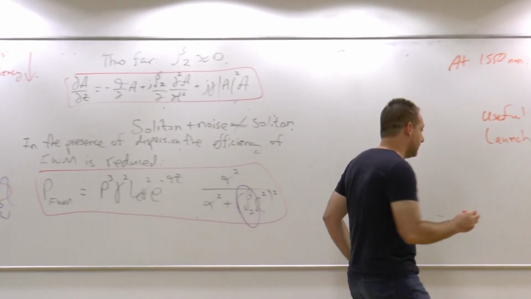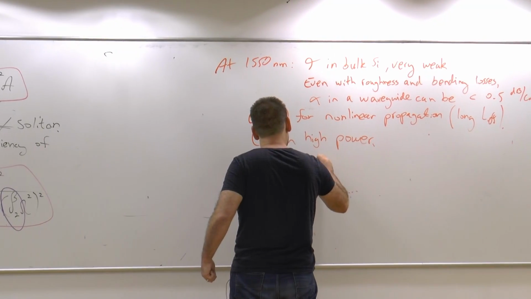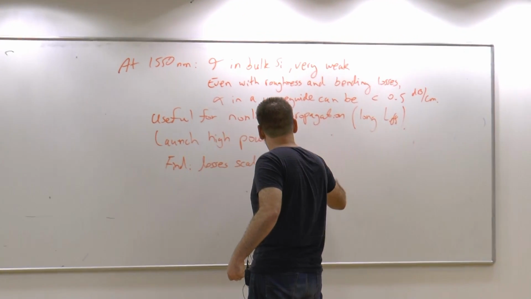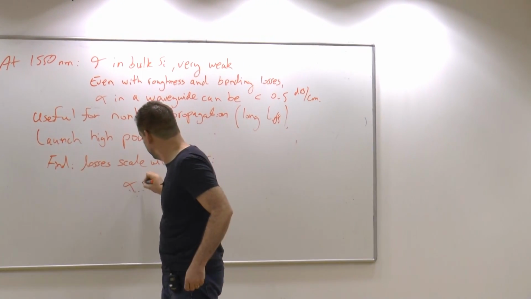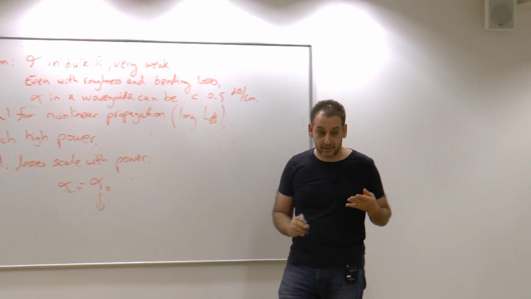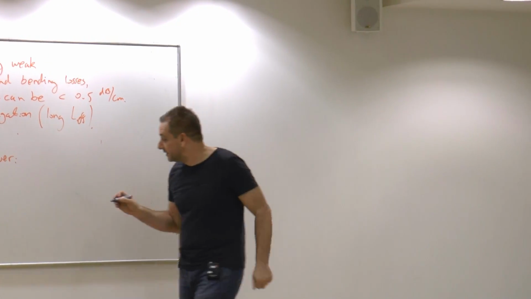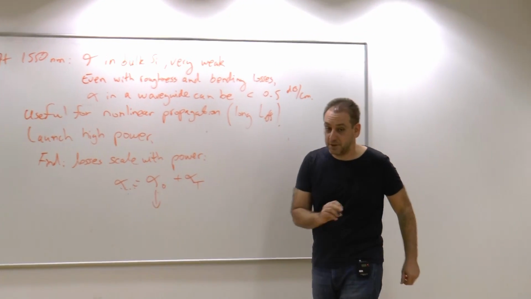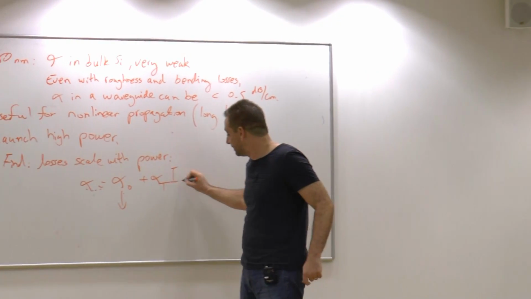We find that, unfortunately, losses scale with power. So not only do we have those losses that we came to expect due to roughness and bending and whatever residual losses in the bulk, there is something else we express with the coefficient alpha T, the name T will be explained in a minute, times intensity.